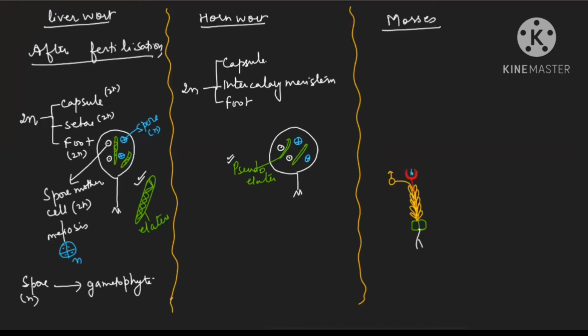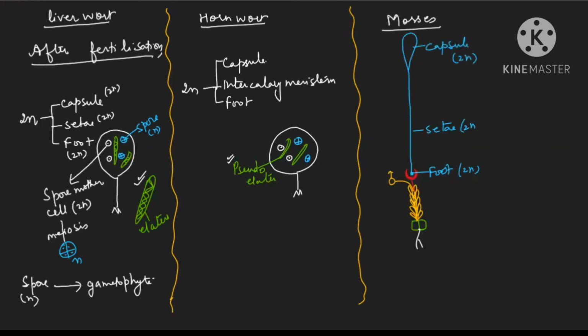which will develop into foot, seta, and capsule. Check, this is the diagram of your NCERT. Okay, so this part is known as foot, ploidy is 2n, this is known as seta, ploidy is again 2n, and this is capsule. Ploidy is 2n.